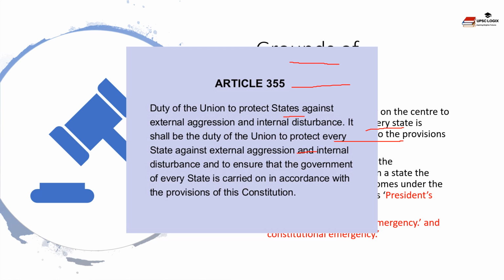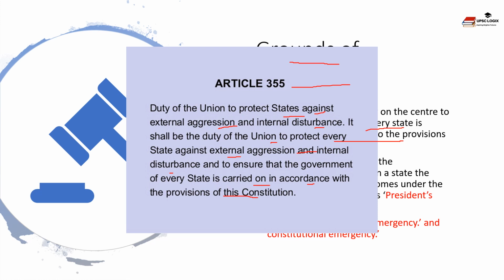It says that it is the duty of the Union to protect states against external aggression and internal disturbance. It shall be the duty of the Union to protect every state against external aggression and internal disturbance, and to ensure that the government of every state is carried on in accordance to the provisions of this Constitution.